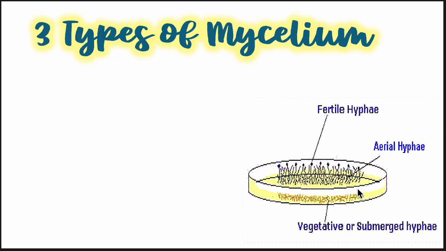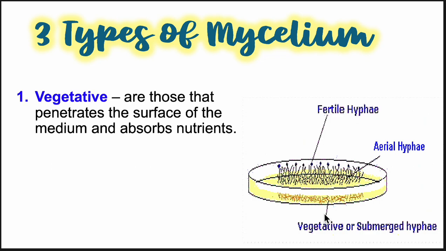For the three types of mycelium, we have fertile, aerial, and vegetative or submerged hyphae. Vegetative or submerged hyphae are those that penetrate the surface of the medium and absorb nutrients, so they are at the bottom of the medium.